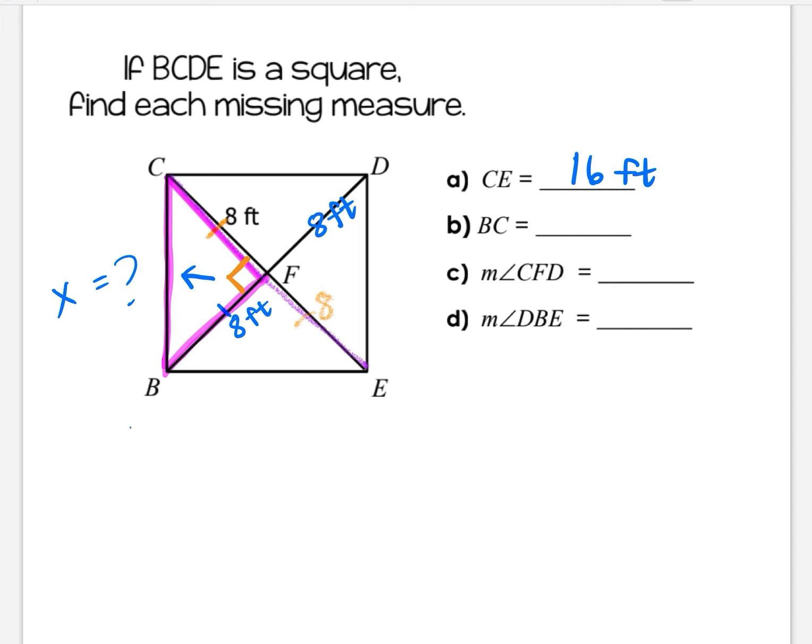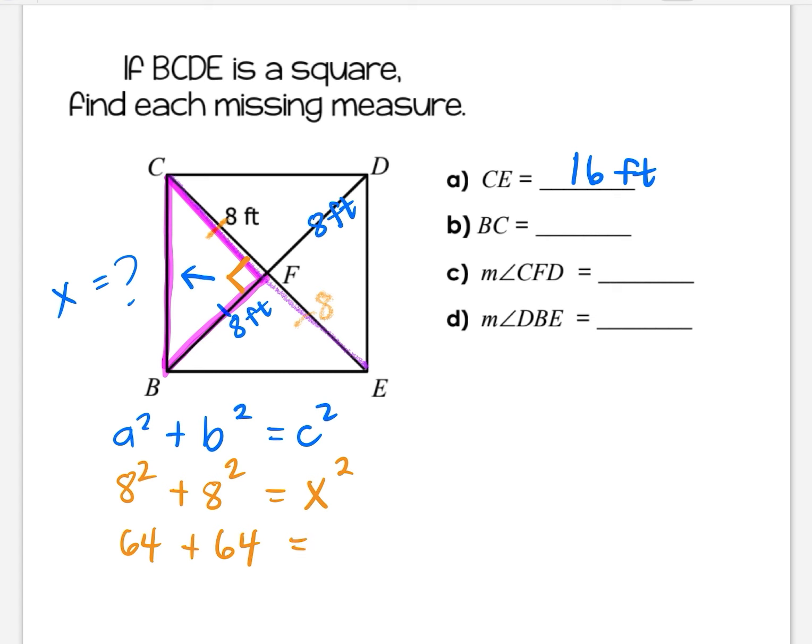So if we are to use the Pythagorean theorem, a squared plus b squared equals c squared, my A and B have the same measurement, and that is 8 squared plus 8 squared. And the C, which is the longest side, I represent with X. And so 64 plus 64 equals X squared.